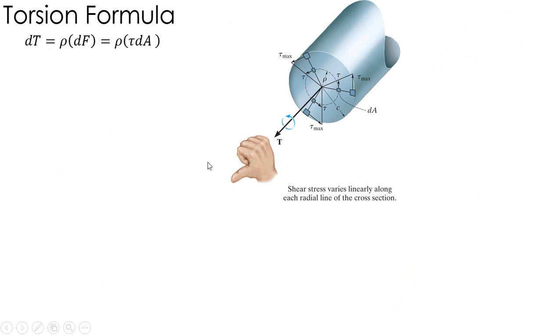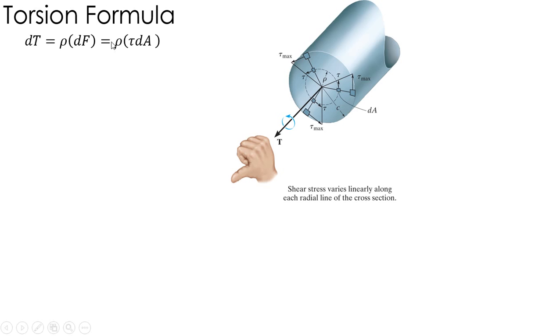So we're going to take that shaft and take its tiny little area right here, and it's going to have a tau associated with it, a shear stress at any radius rho. Again, the shear stress is 0 at the center and maximum at the edge, which we're calling radius c. Arbitrary radius rho, radius of the shaft is c.